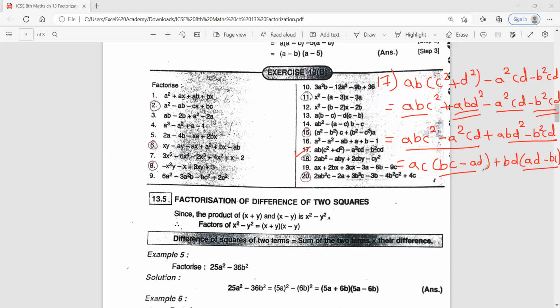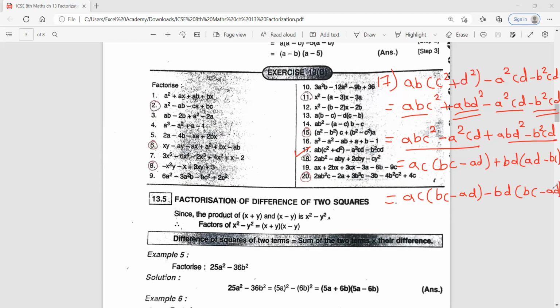Now, if you observe, the signs are only different in the brackets. So for the second bracket, if you change the sign outside, you can change the sign inside also. So remember to do that. So you will say AC into bracket BC minus AD minus BD into bracket BC minus AD.